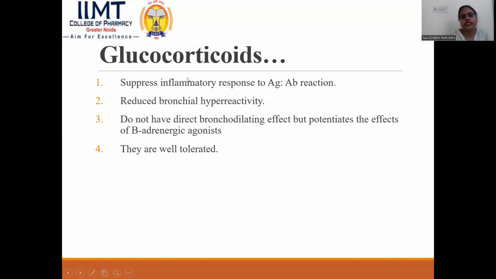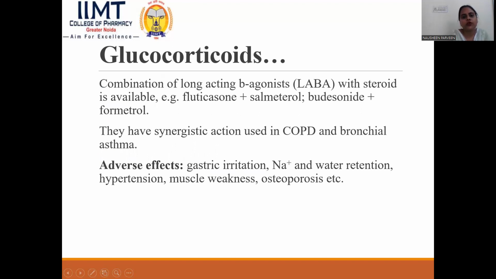Glucocorticoids suppress inflammatory response to antigen-antibody reactions, reduce bronchial hyperreactivity, do not have a direct bronchodilating effect but potentiate the effect of beta adrenergic agonists, and they are well tolerated. A combination of long-acting beta agonist with steroid is available.